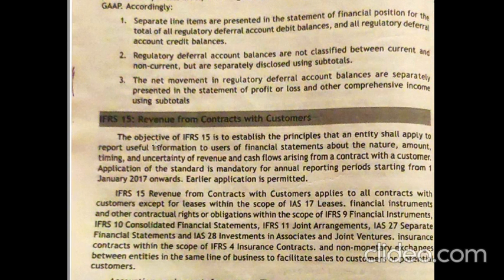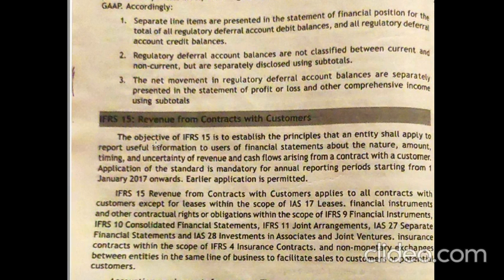So what is the purpose of IFRS 15, or the objective for which it was established? It sets the principles that an entity shall apply to report useful information to users of financial statements about the nature, amount, timing and uncertainty of revenue and cash flows arising from contracts with customers.